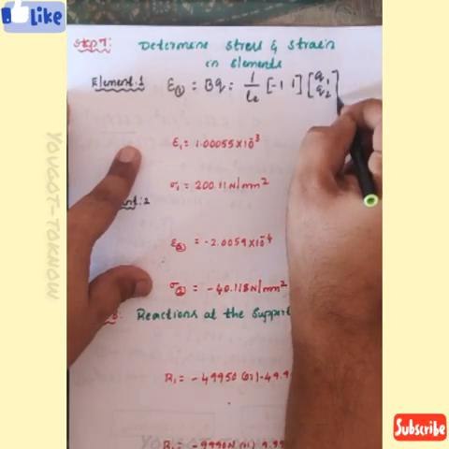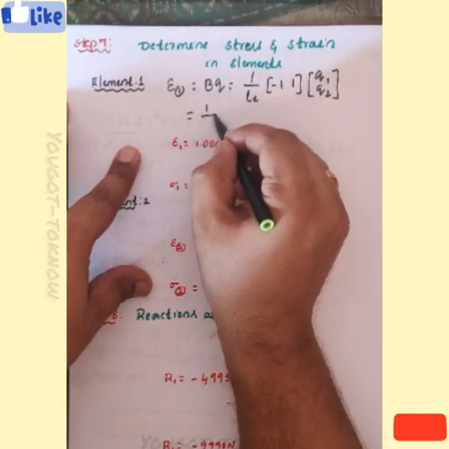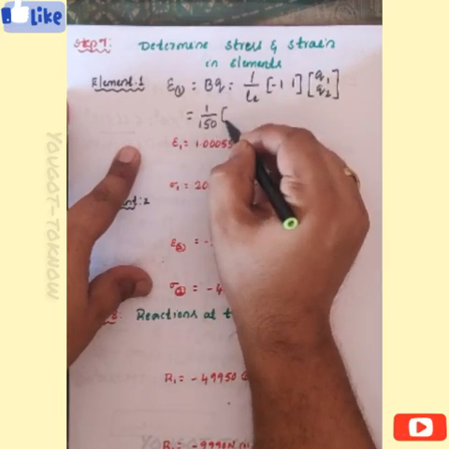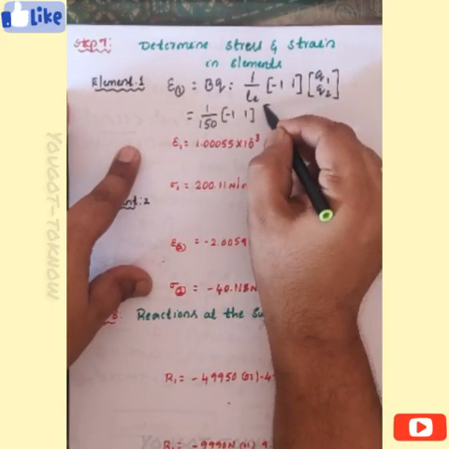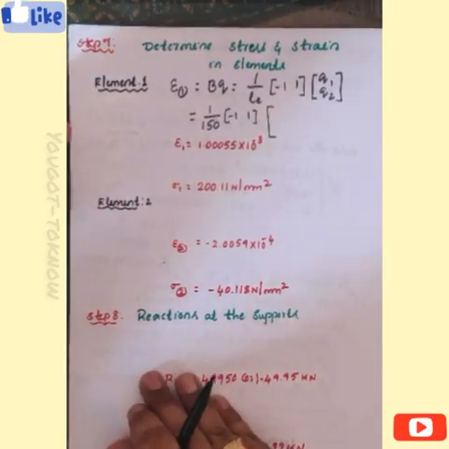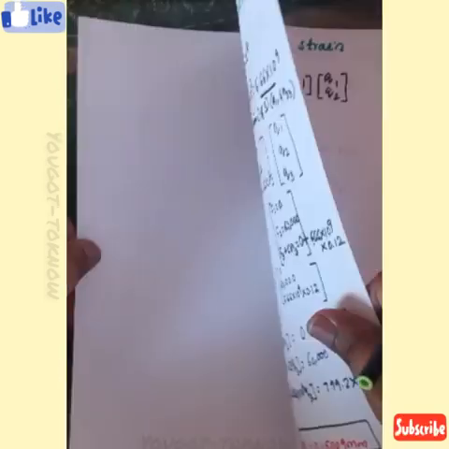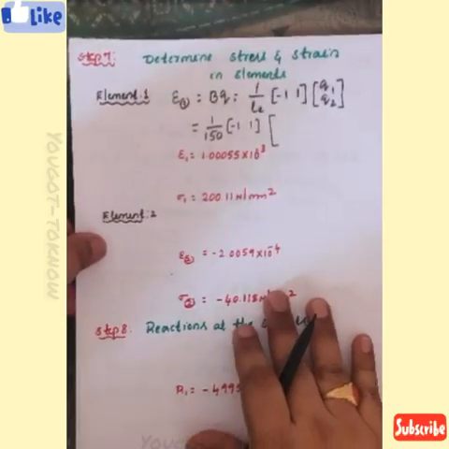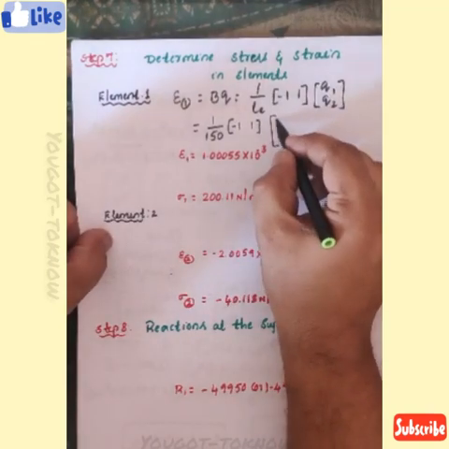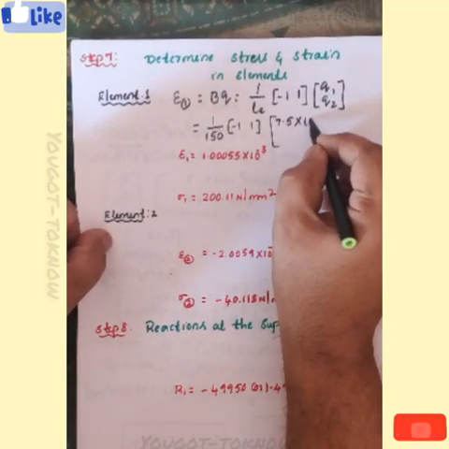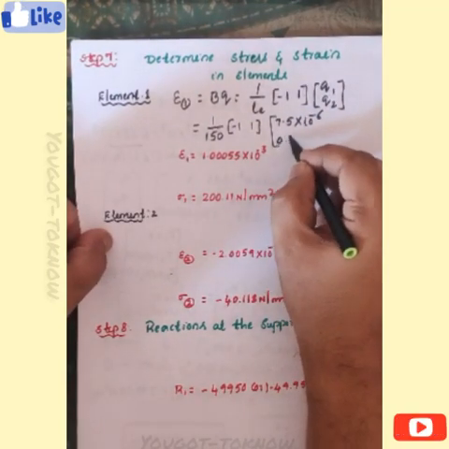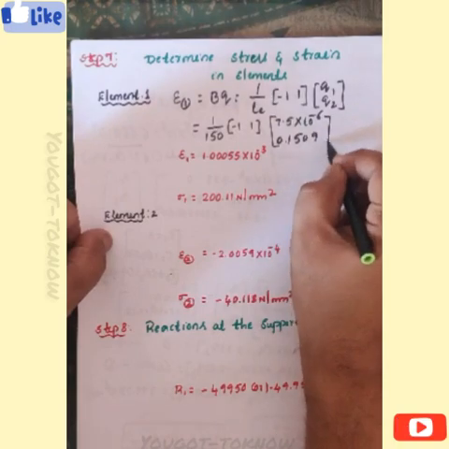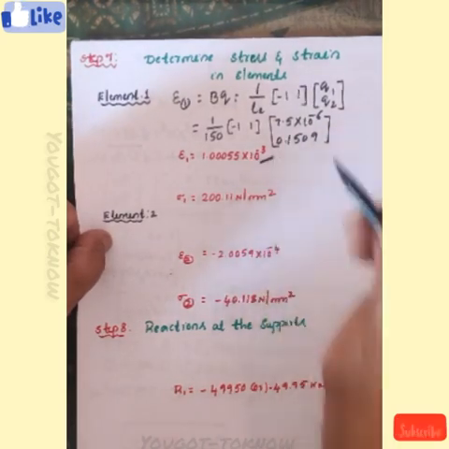We are calculating for element number 1. The length of element number 1 is 150 mm: minus 1 plus 1. Q1 obtained is 7.5 into 10 power minus 6, and Q2 obtained is 0.1509. If you multiply this, you are going to get epsilon 1.